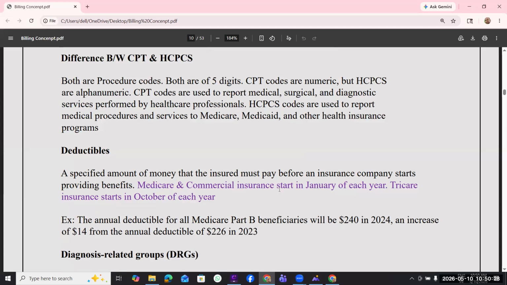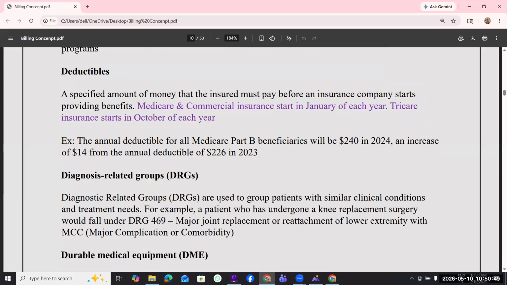Medicare and commercial insurance start in January of each year. Tricare insurance starts in October of each year. So you will see here Medicare or commercial insurance starts first and that amount needs to be paid in January. For Tricare insurance it will be in October of each year.